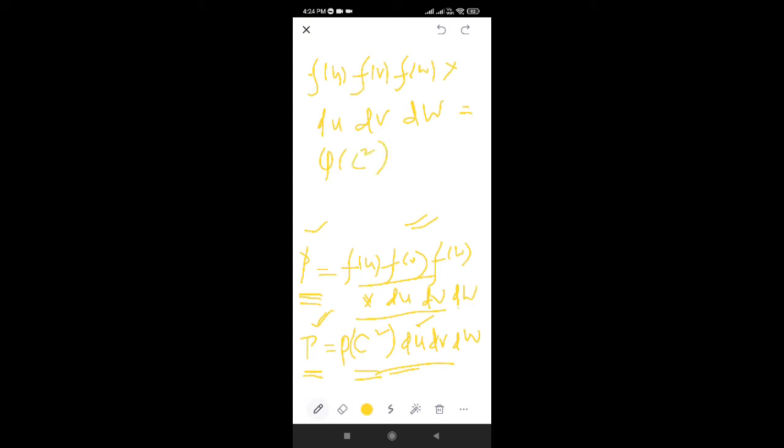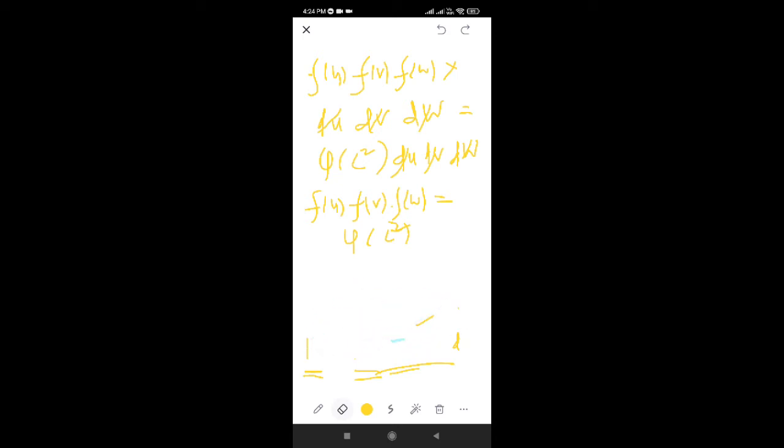Here you may cancel these du, dv, dw. So finally, the product of the functions of the partial velocities of the particle is equal to phi of c square. Why? Because on both sides we cancelled du, dv and dw.